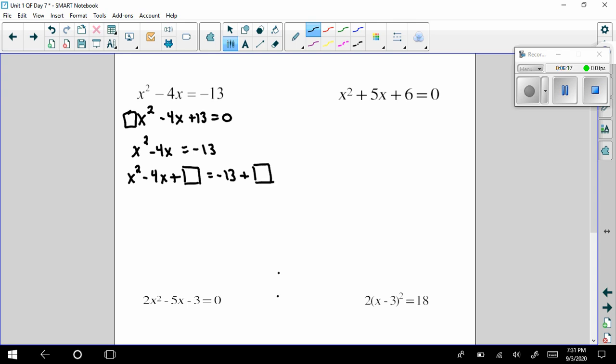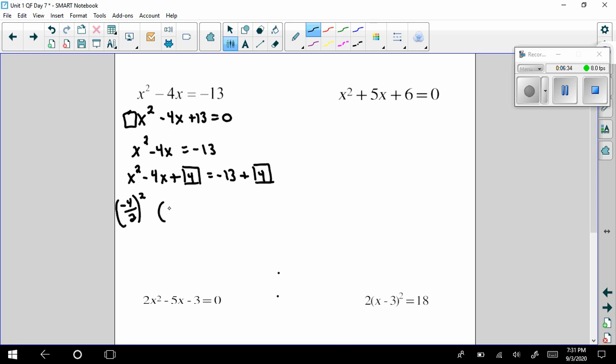So I have here half of 4 squared. So that would be -2 squared, which is 4. So I'm adding a 4 here.